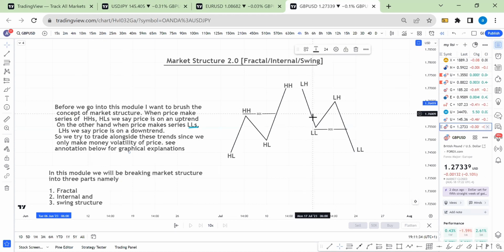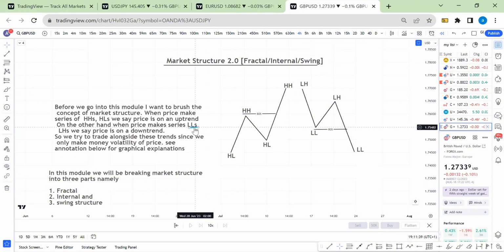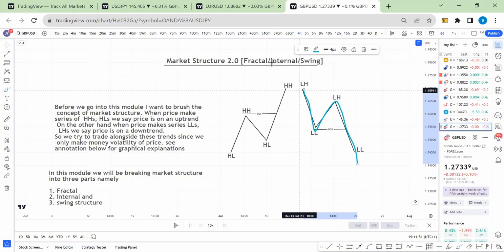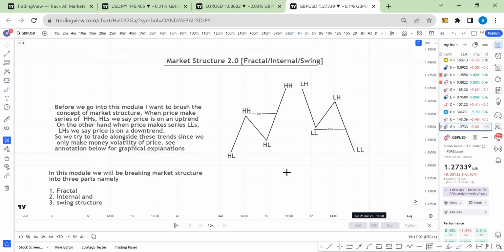As you can see, price is going downward, making lower high, lower low, lower high, lower low. The annotation I draw now is believed to be coming from another structure like this, so I just bring this out as lower high, lower low, lower high, lower low. And that's how we have basic market structure.